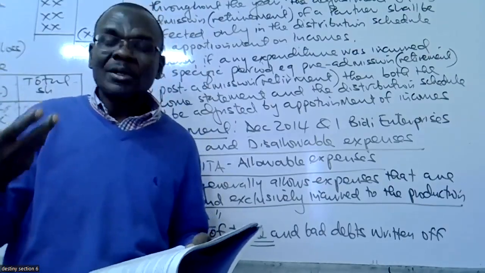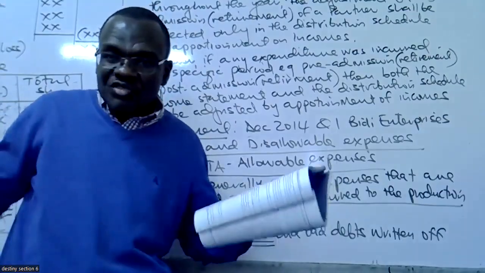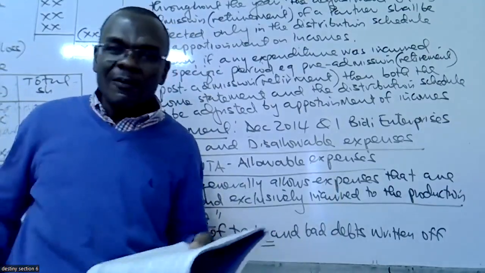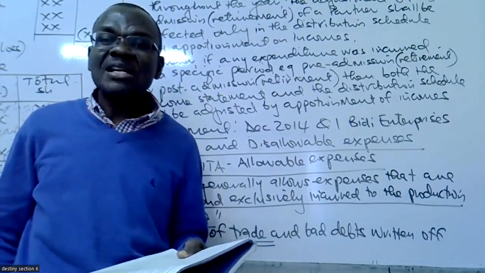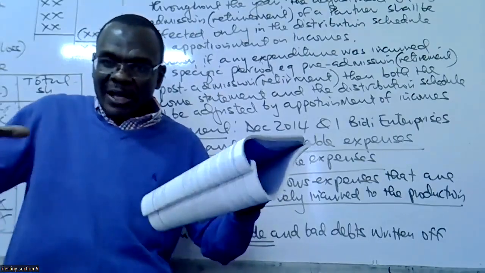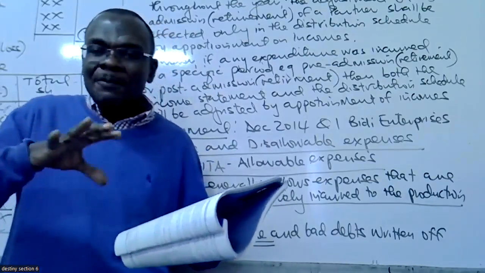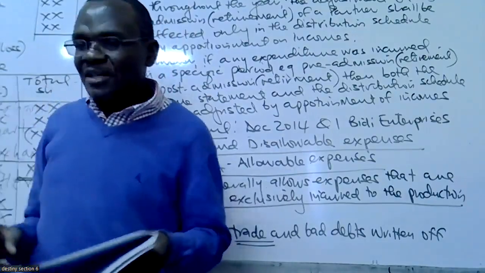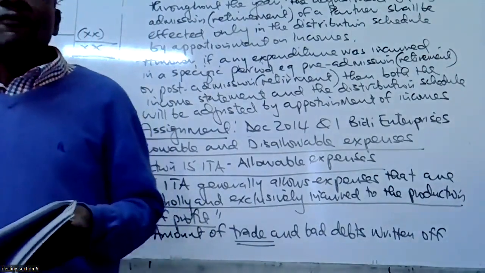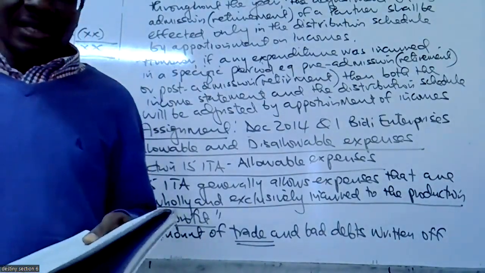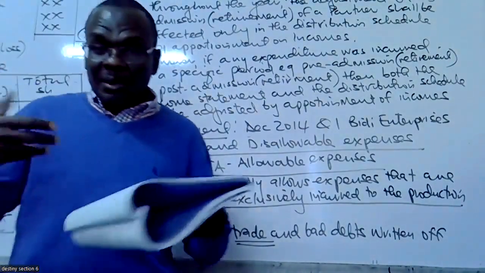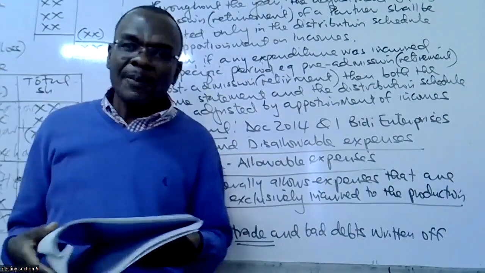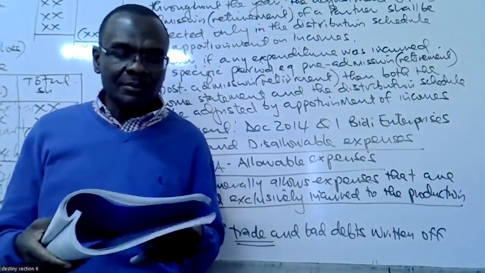You know, a gabion is a structure where you put wire mesh and a lot of big rocks to hold soil so that it doesn't pass. So the whole thing is capital expenditure. But since it's for prevention of soil erosion, for any business engaged in agricultural production, it is allowed as an expense.